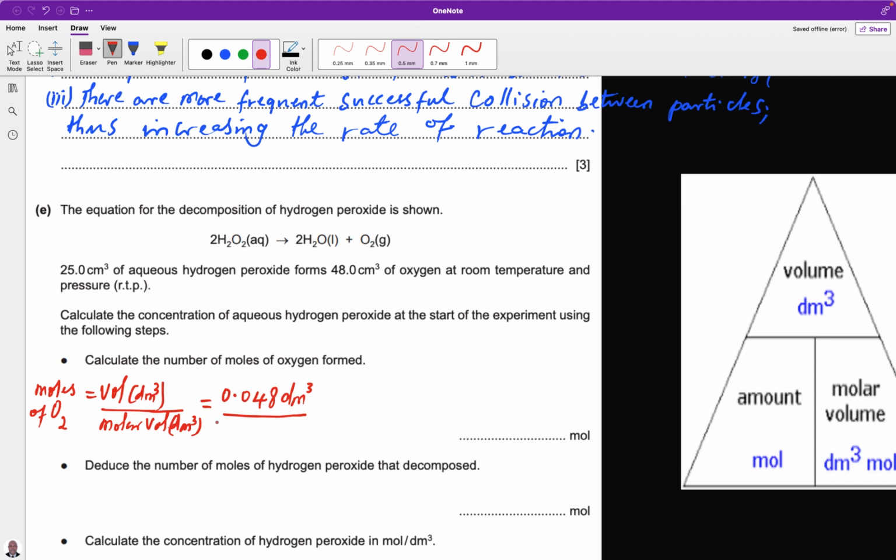So 0.048 dm cube divided by 24 dm cube gives 0.002 moles. That is the number of moles of oxygen.